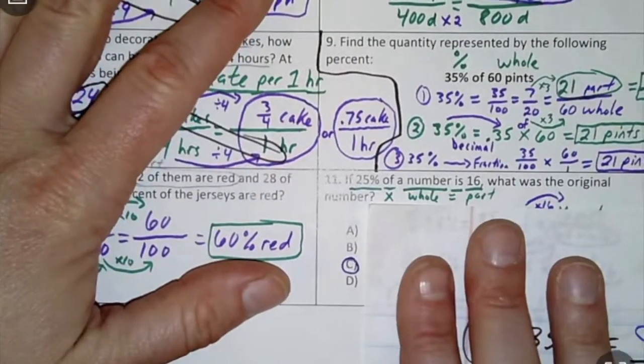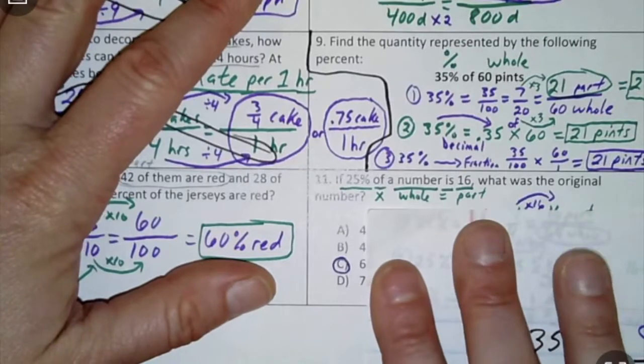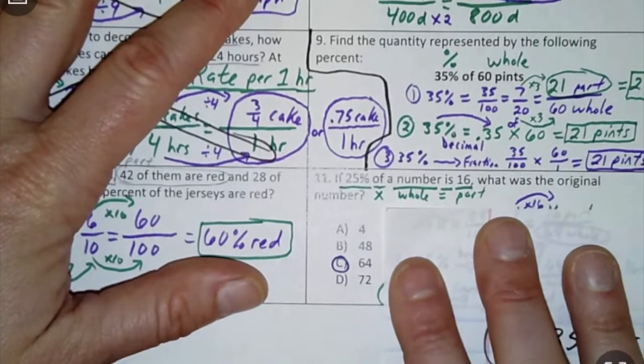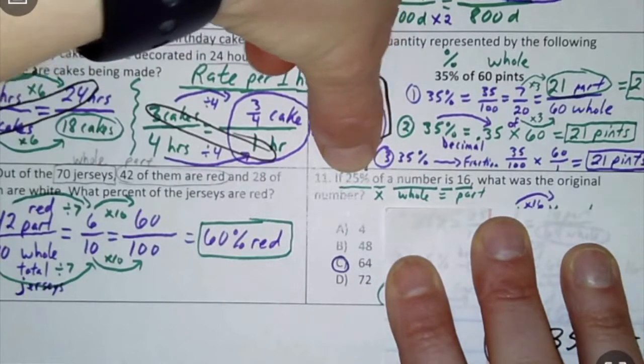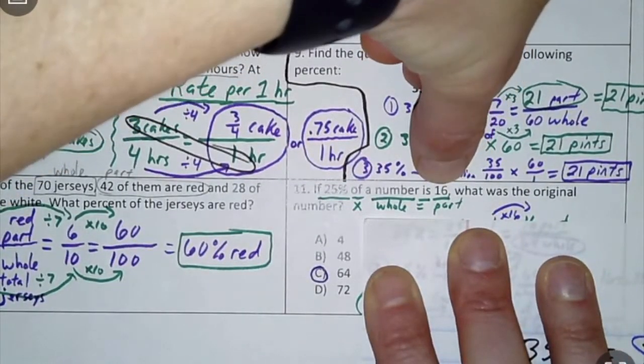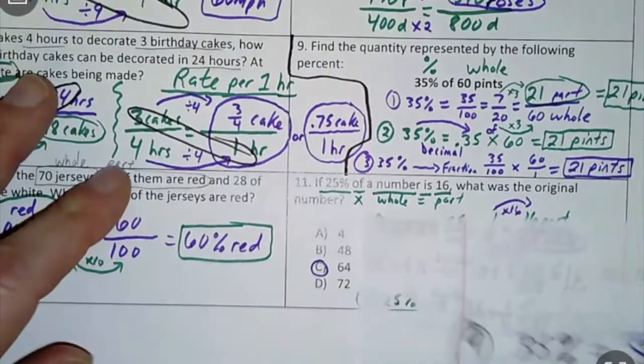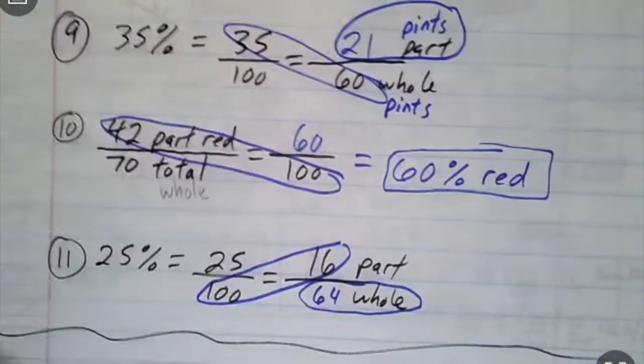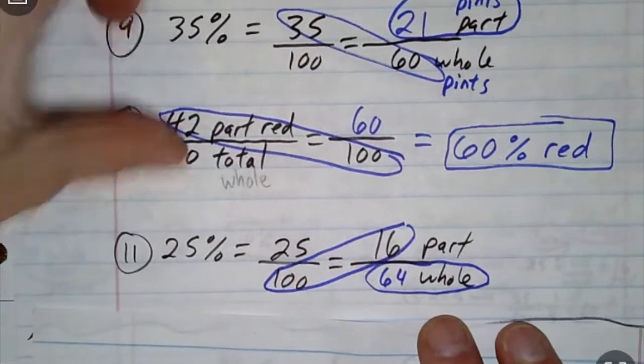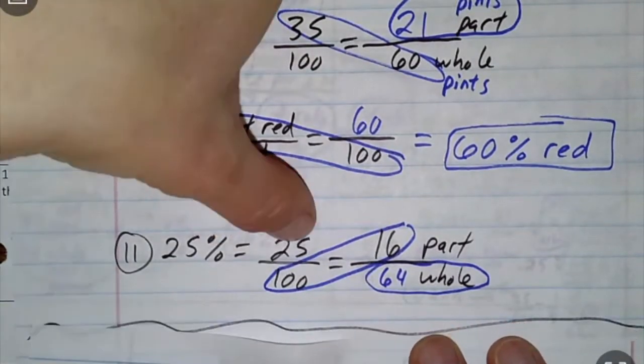And the last question says, if 25% of a number is 16, what's the original number? So this one gives us our percent, and it gives us our part. We are looking for the number, which is your whole. And so when I set that one up, it kind of looks like this. They've given us the percent, 25%, which is out of 100.